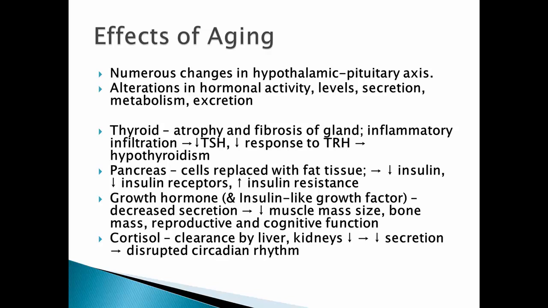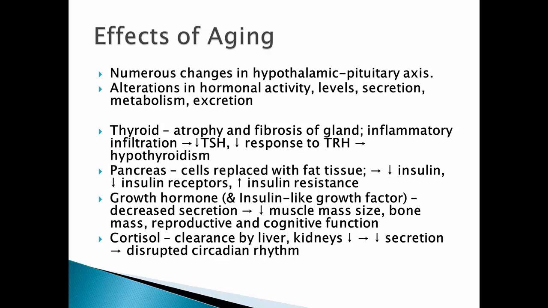With that inflammatory infiltration, the gland becomes less responsive to thyroid stimulating hormone, and there's also less response to the tropic hormone. It is more likely for an elder to present with hypothyroidism than hyper, because of that decrease in the TSH and the response to releasing hormone.